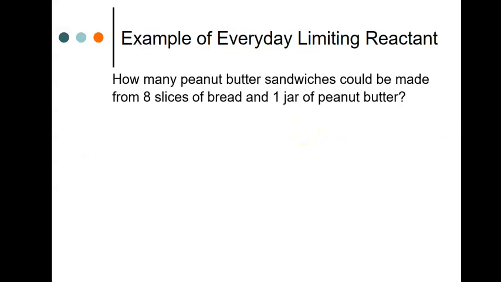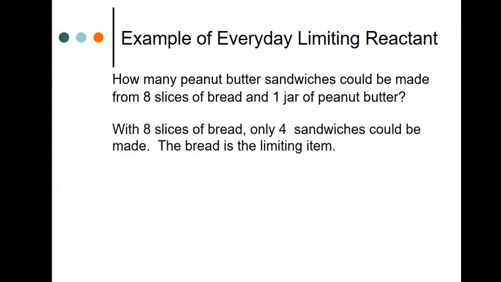Alright? Another example is how many peanut butter sandwiches could be made from 8 slices of bread and 1 jar of peanut butter. I hope everybody knows how to make a sandwich. Alright, with 8 slices of bread, only 4 sandwiches could be made.